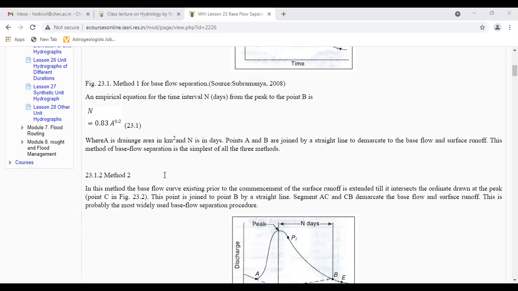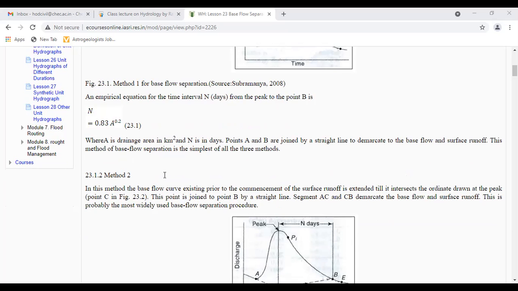Points A and B are joined by a straight line to demarcate the base flow and surface runoff. This method of base flow separation is the simplest of all the three methods.